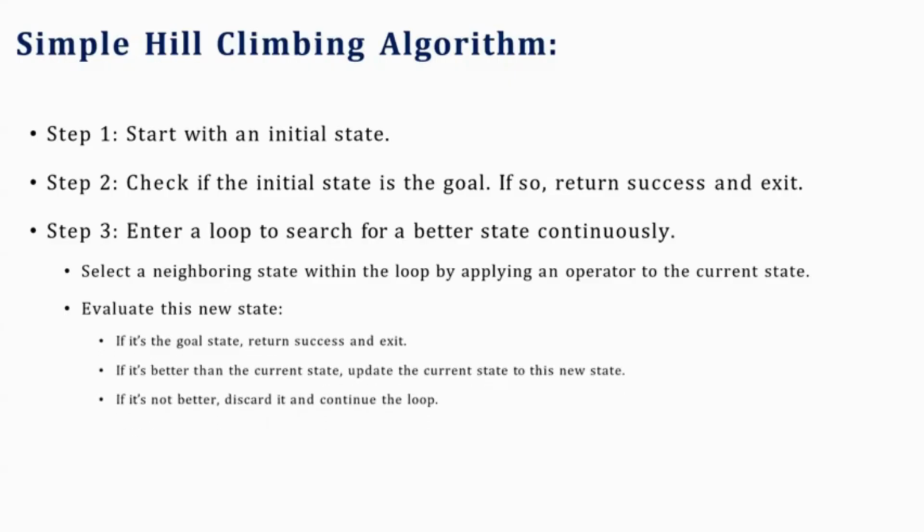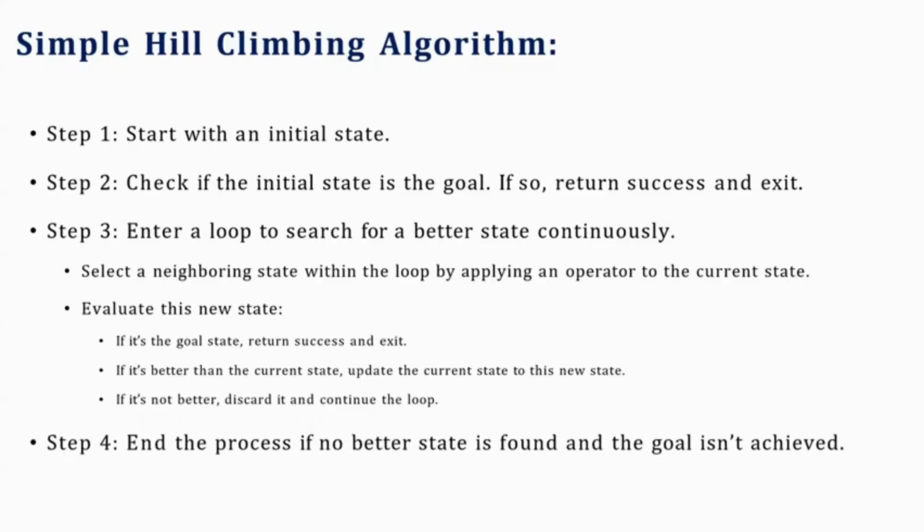If it is the goal, return success and exit. If it is better, update the current state to this new state. If it's not better, continue the loop. The final step is to end the process. If no better state is found, the goal is not achieved.